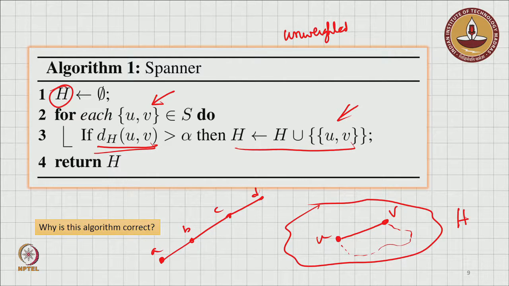So let's say you have A, B, but you did not include BC. But why would we not have included BC? Only because there was some other path from B to C of distance at most alpha. As a result, you can go from A to D by just taking these detours, and that will not blow up the distance by more than a factor alpha. So that's the reason why this algorithm will indeed be an alpha spanner.